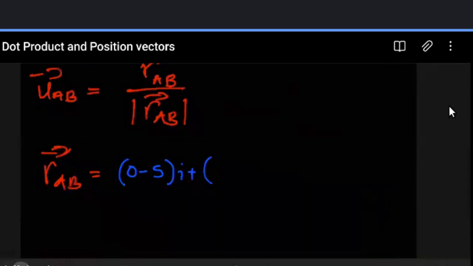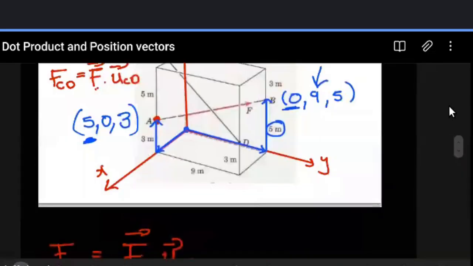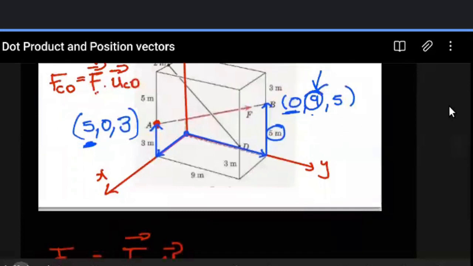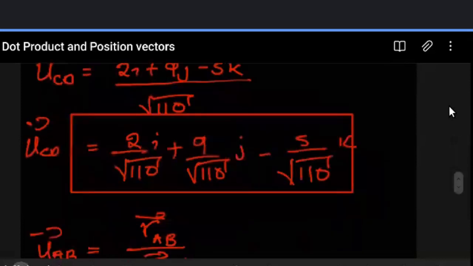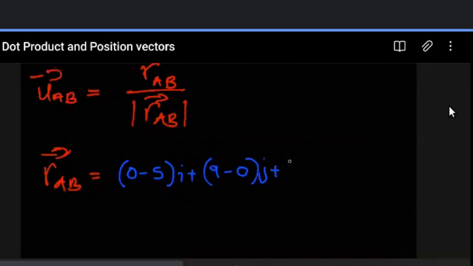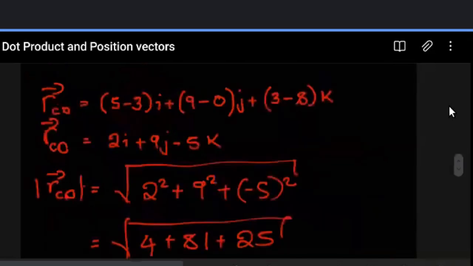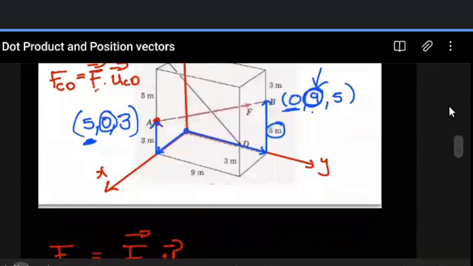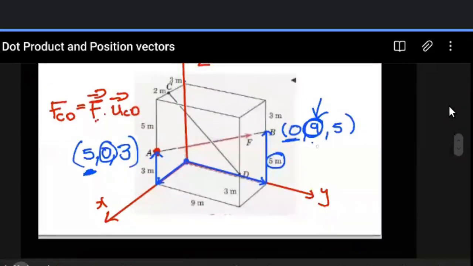And then in the Y, we have 9 minus 0. So we have 9 minus 0, J, then plus, in the Z, let's see what we have in the Z. In the Z, it's now final 5 minus 3.